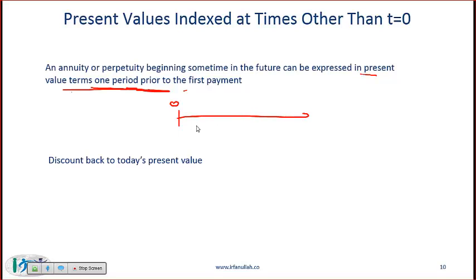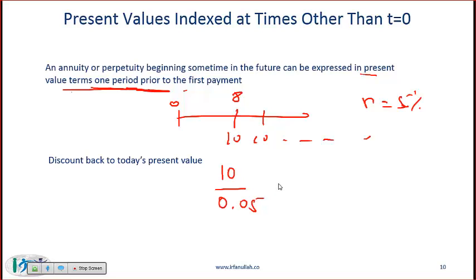If this is time 0 and you have a perpetuity that starts, let's say, at time 8, and the perpetuity is $10 forever, and the discount rate is equal to 5%, then the present value of this is equal to 10 divided by 0.05, which is 200. This 200 is at period 7. It's one period before the period where the cash flow starts.